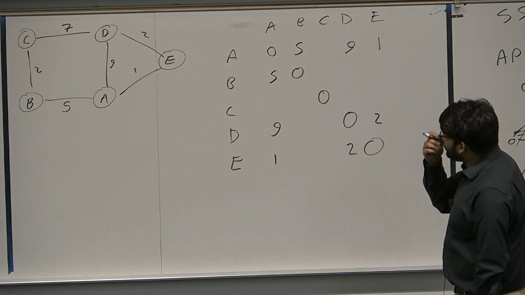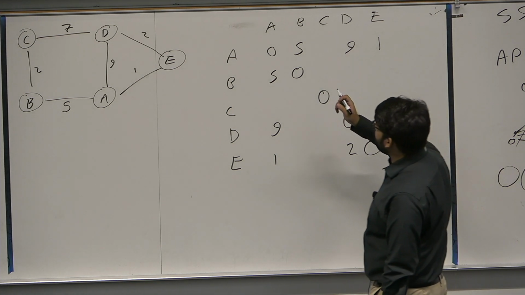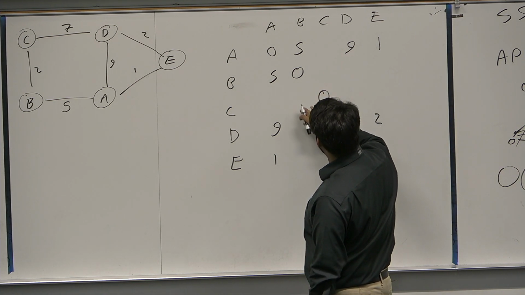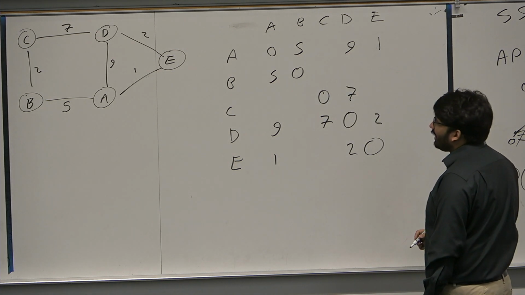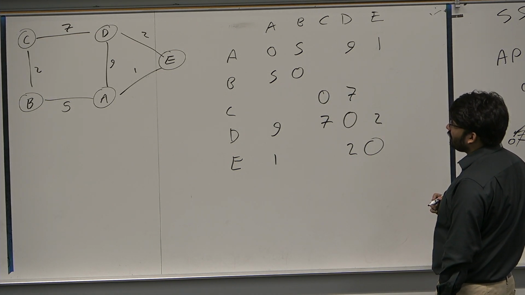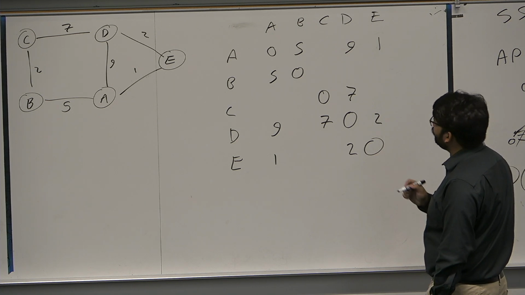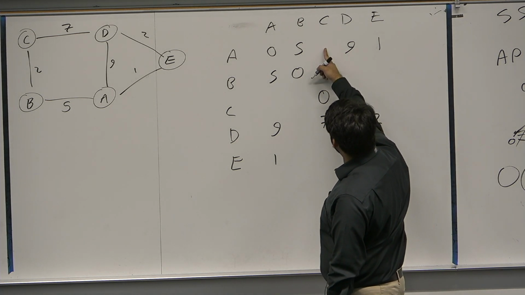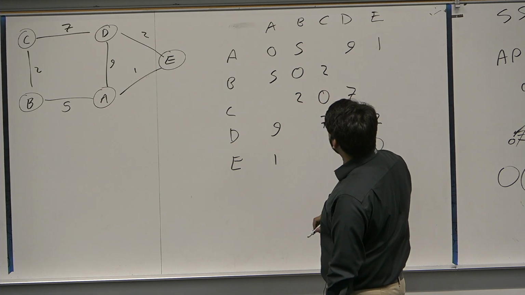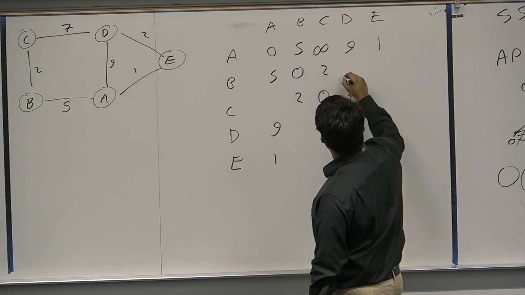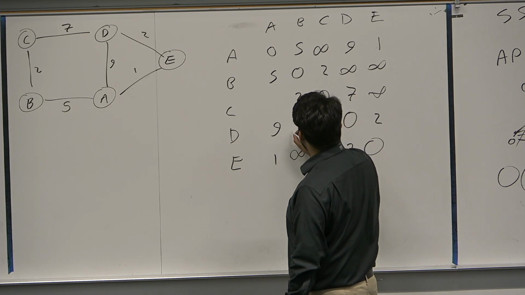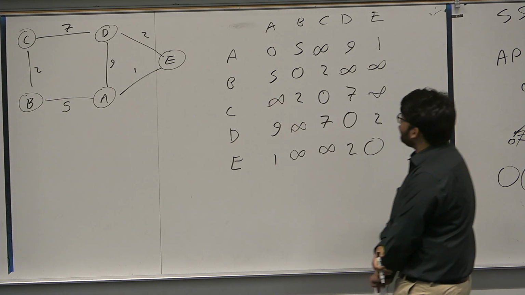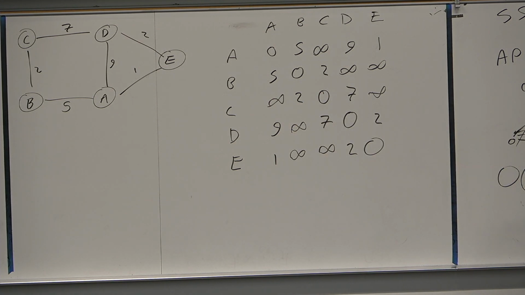The outgoing edge C to D is going to be 7. C to D. Okay. The outgoing edge of C to B is going to be 2. So C to B is 2. And the rest should be, I think that's it. Double check I'm not making any mistakes. Okay. So that's how the array is initialized, right?